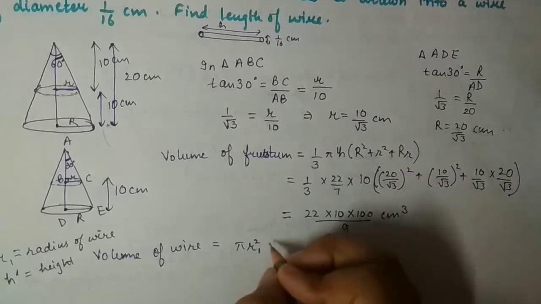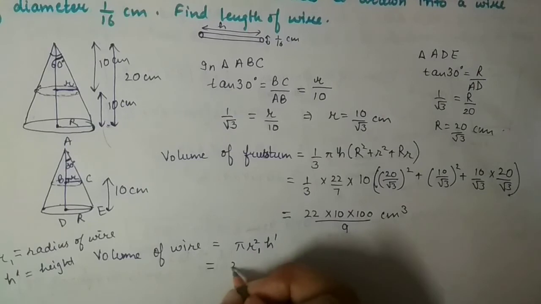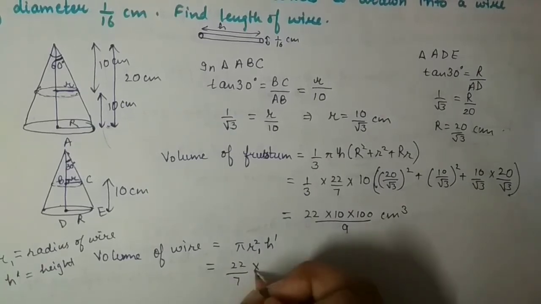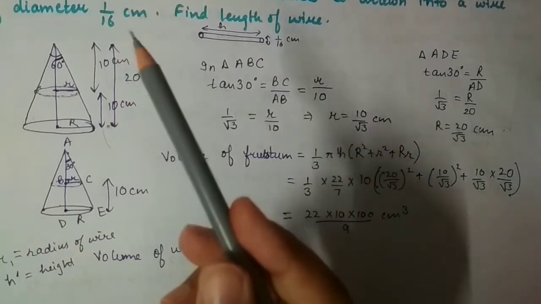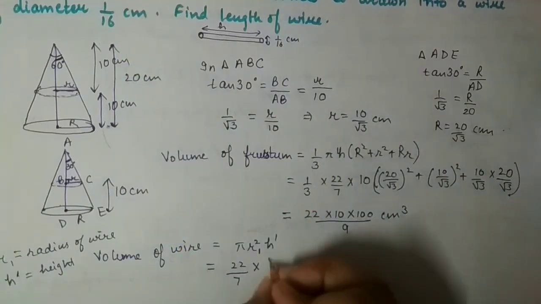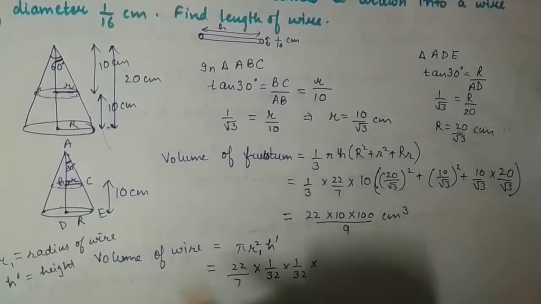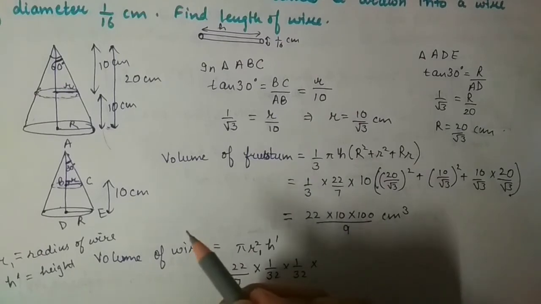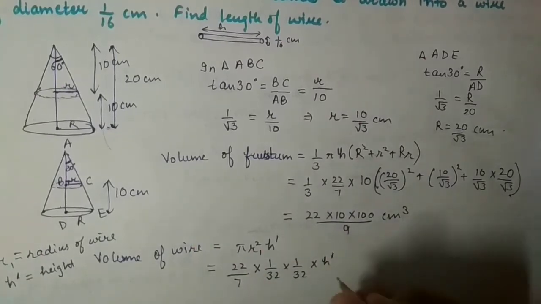So pi r1 square h dash. This is equal to 22 by 7 into r1, radius of wire. Diameter is given to be 1 by 16, so radius will be 1 by 32. So 1 by 32 into 1 by 32 into h dash, the length of the wire. Let it be h dash only, we need to find the length of wire.